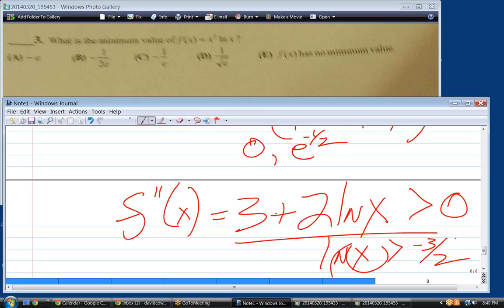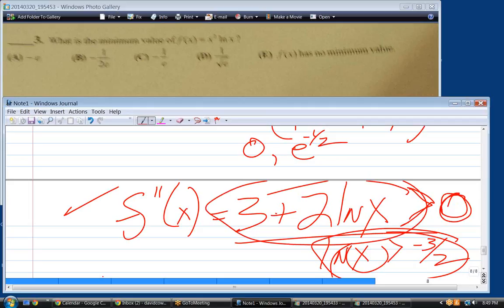Yeah, so x is positive by definition the moment we solve the second derivative. No matter what, for this thing to be greater than 0, it's always greater than 0 for all x. No, it isn't. But it is for x of e to the minus 1/2.